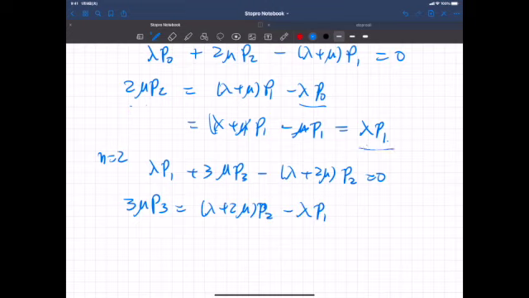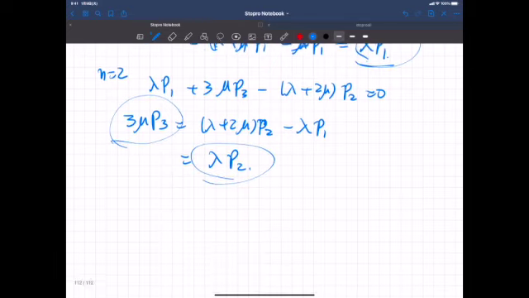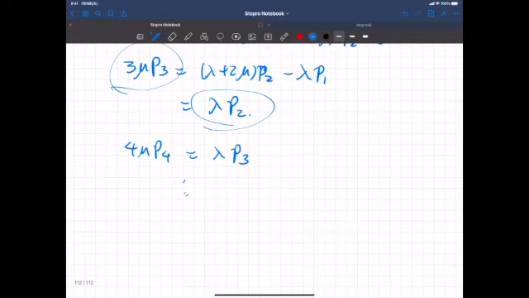But now lambda P1 is 2 mu P2. So this is actually equal to lambda P2. Now you see the pattern. So next should be 4 mu P4 equals lambda P3, and so on until n is equal to r minus 1.